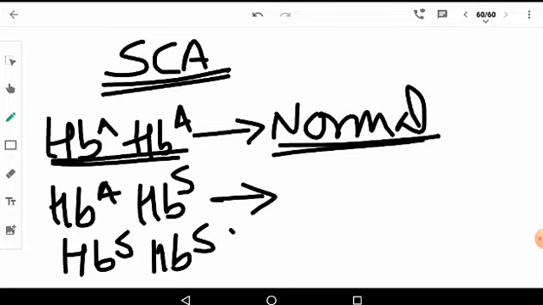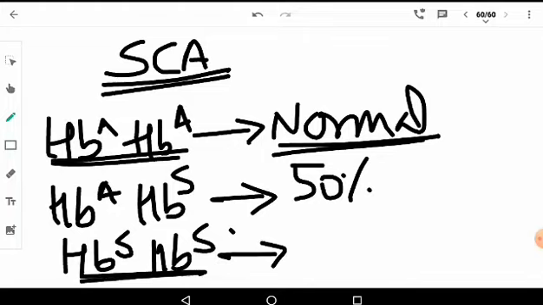HbA HbS will result in 50% normal and 50% abnormal RBCs, but still the person will be able to survive. But the last one is a fatal case, HbS HbS, where both the chromosomes are affected. And when both are affected, 100% of the RBCs will be sickle shaped.